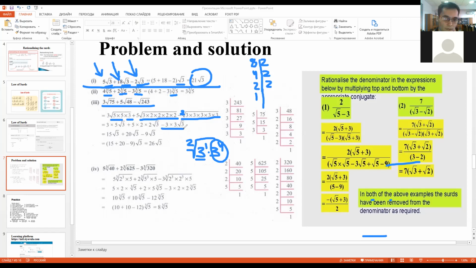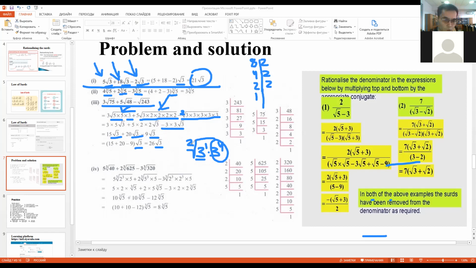Do you understand? The same goes with this one. You will get this kind of common multiple here, take it out of the box, and you can see this expression finally.